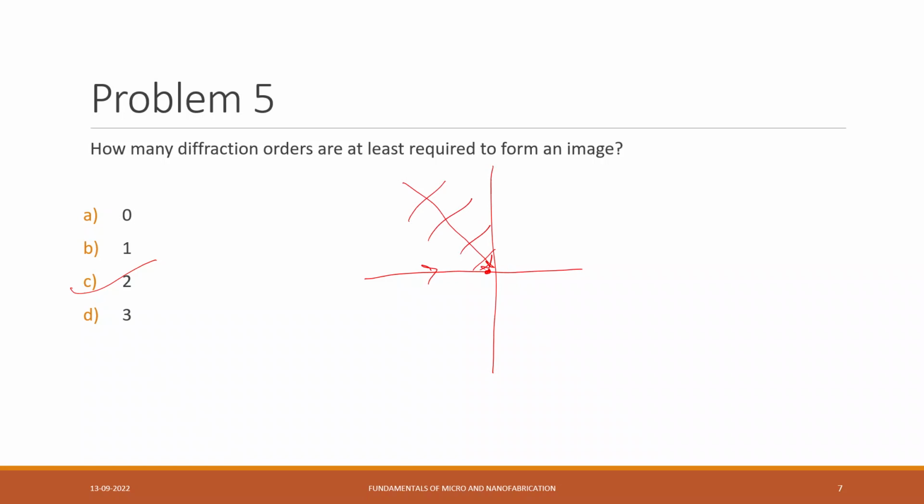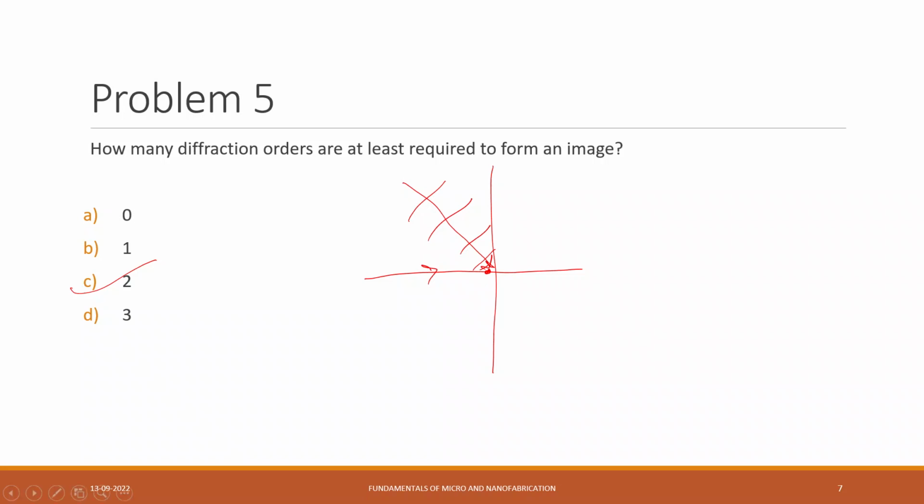We will at least have systems that cover the second order. If you go for more orders, you can get higher resolution also, like we discussed in the last question.